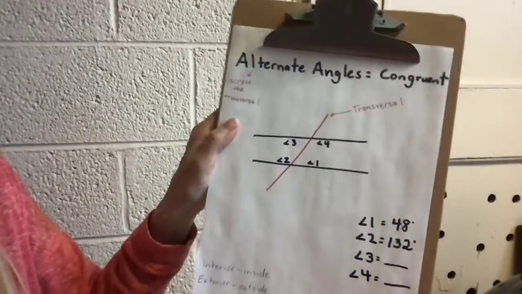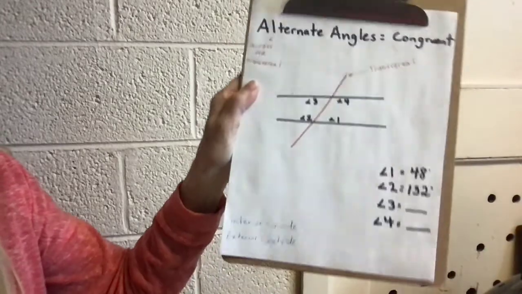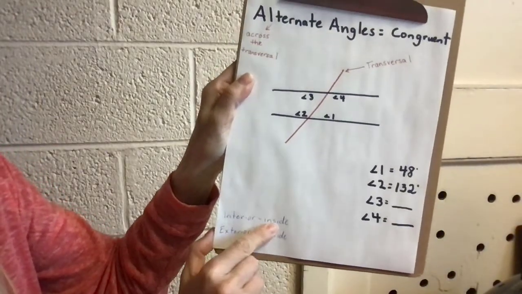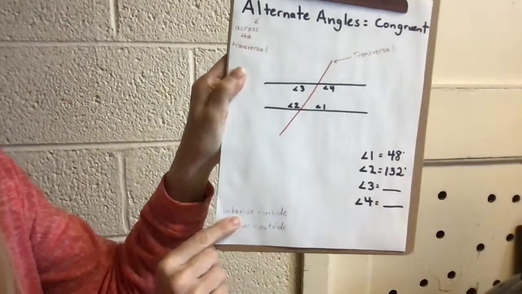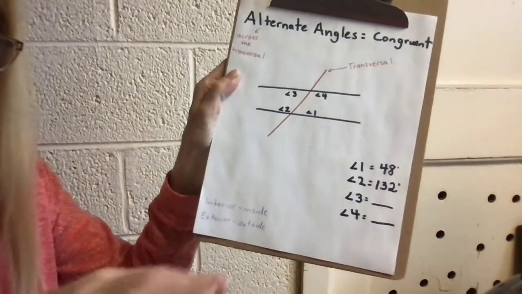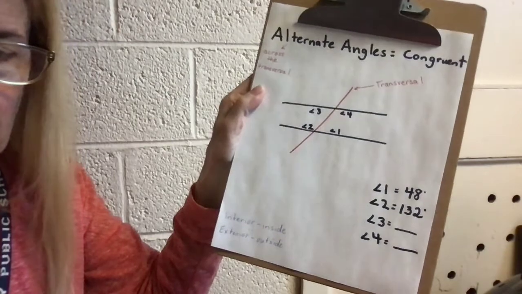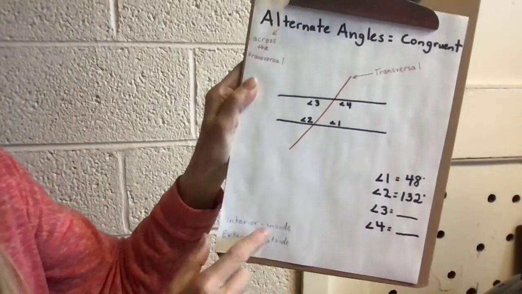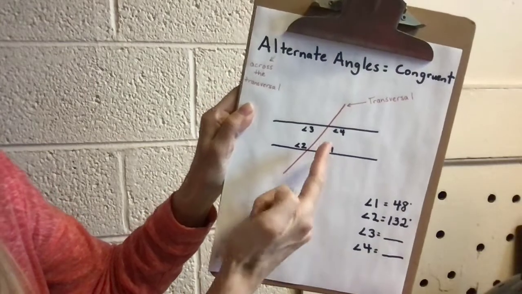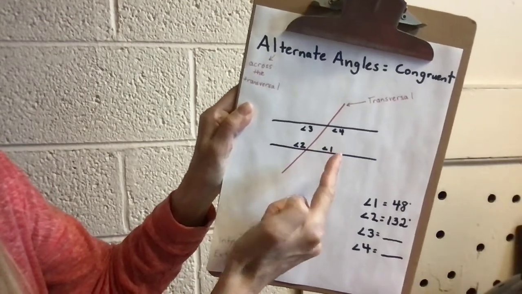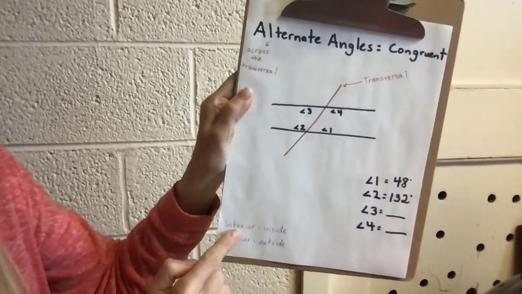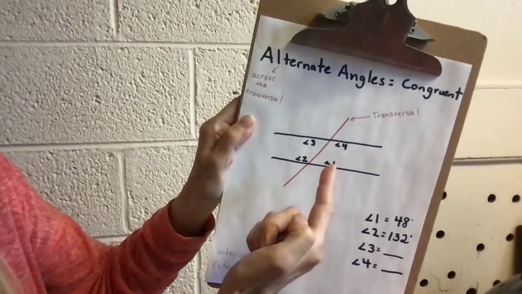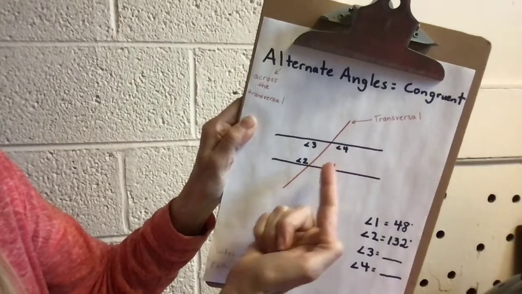All right, so here's what we're going to do. You're going to just remember that interior means inside. That's what you learned in the video. I'm sorry, I can't see the screen when it goes black like that. Okay, so interior alternate would be on the inside, it would be 4 and 1.